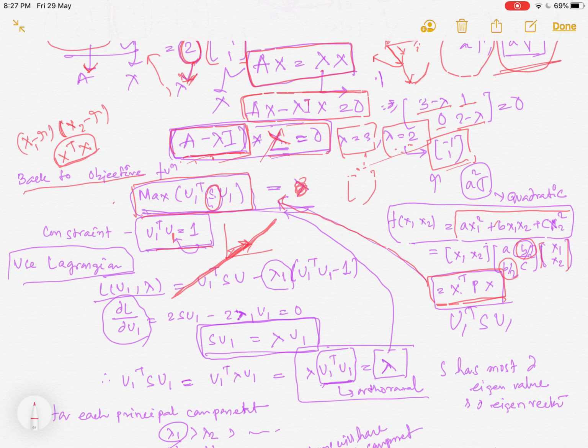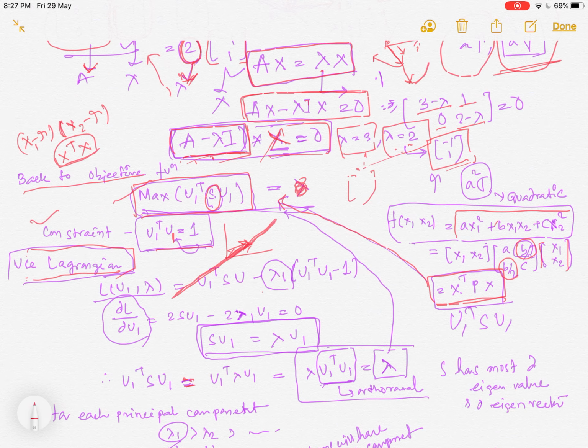Once we have the objective function and the constraint, we use the Lagrangian formula to get the maximization value. Lagrangian says that you take the objective function, that is u1 transpose S u1, and subtract the constraint multiplied by lambda.